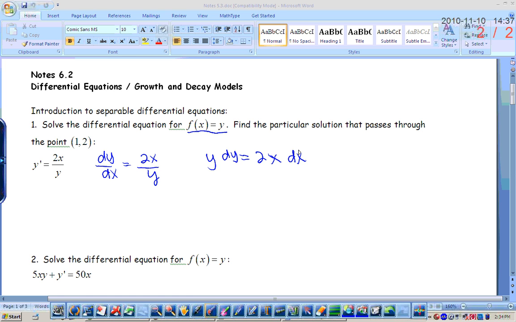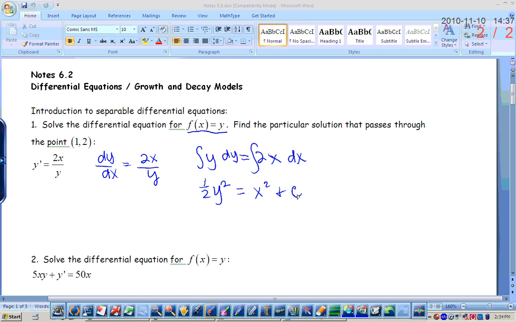And solving a differential equation means integrate. So I'm going to integrate. And the integral of y dy is 1/2 y squared. And the integral of 2x is x squared. And don't forget your plus c.